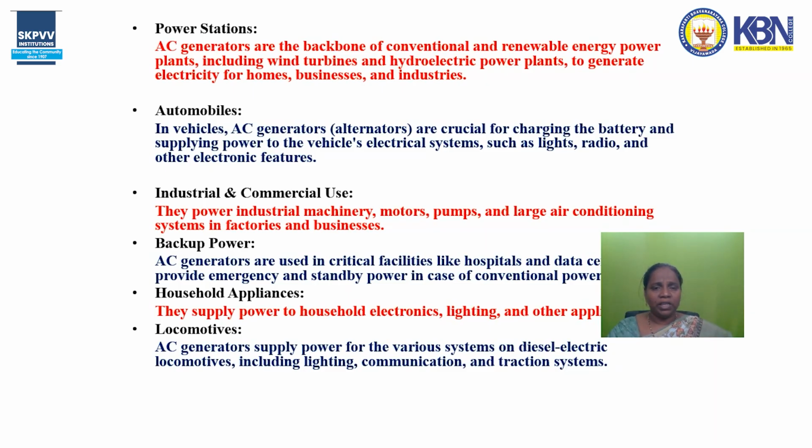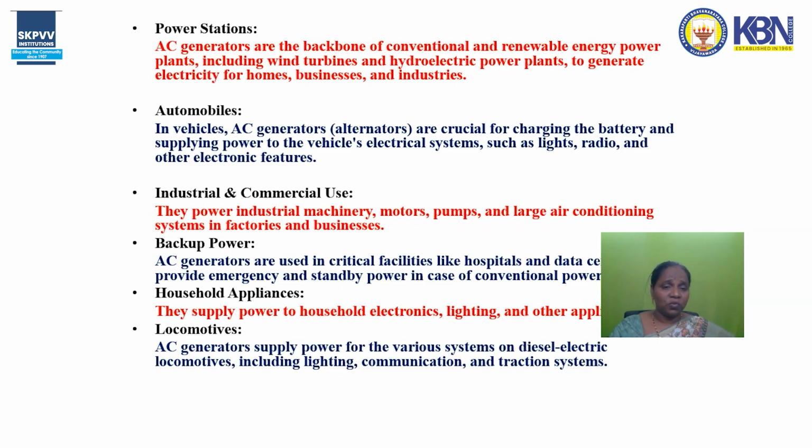They are useful in machinery, motors, pumps, large air conditioning systems and factories. They are useful as backup power sources for facilities like hospitals, providing emergency power, and they are conventional power sources for backup power.